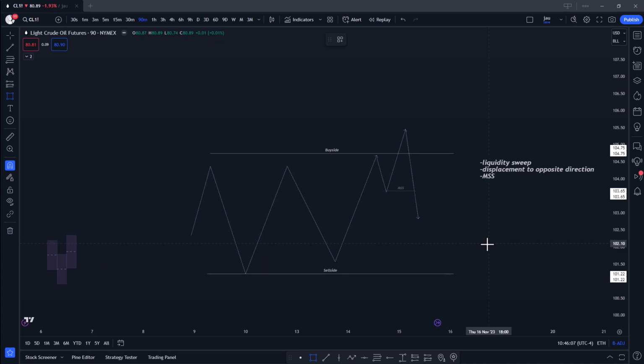And a swing high is basically the opposite. It does not have to be perfect, but as long as the middle candle's high is higher than the 2 to the left and right of it, then it's a valid swing high.